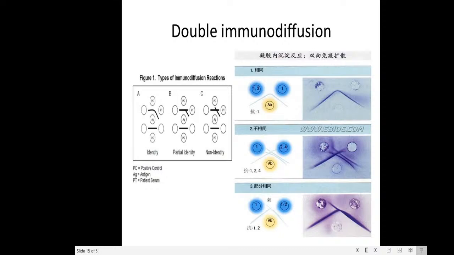For example, if you have a disease, you have some antibody against it; the positive control is a readily available, manufactured, similar antibody that you have added here. So the positive control makes an interaction with this antigen, and here the precipitation happens.